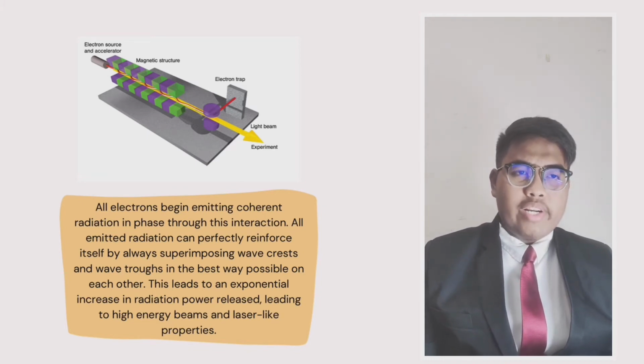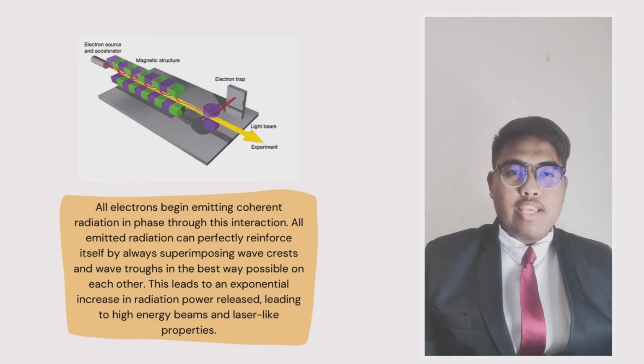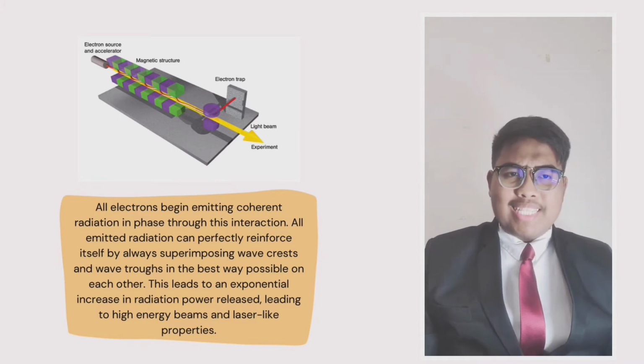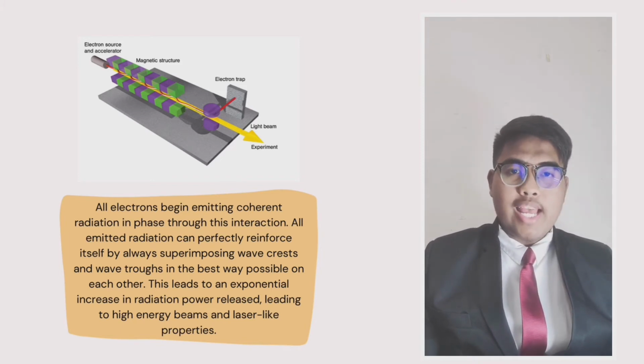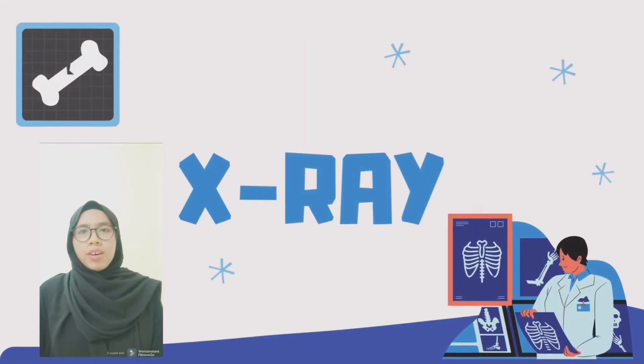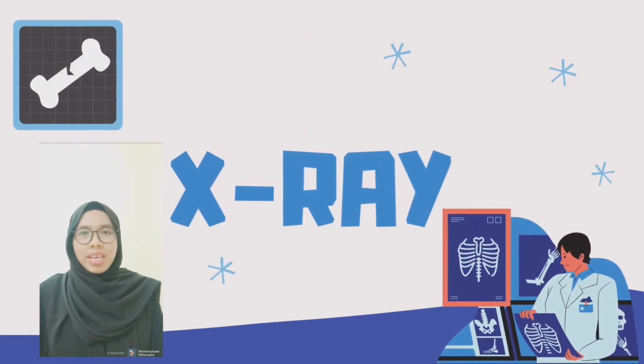All emitted radiation can perfectly reinforce itself by always superimposing wave crest and wave trough in the best way possible on each other. This leads to an exponential increase in radiation power release, leading to a high energy beam and laser-like properties. If you want to know how X-ray works, let me explain.